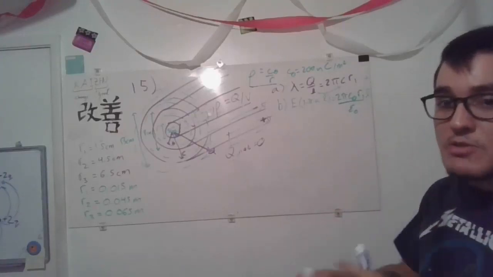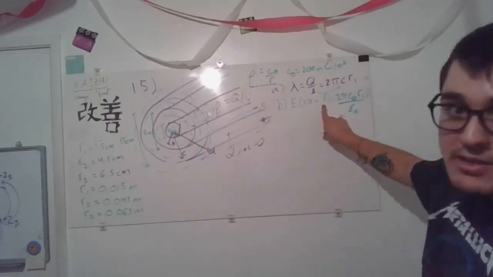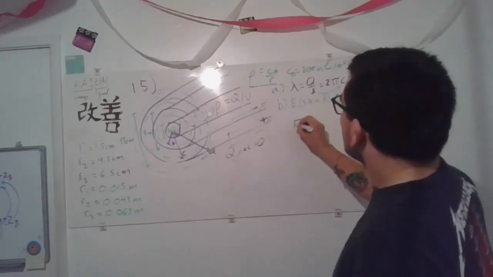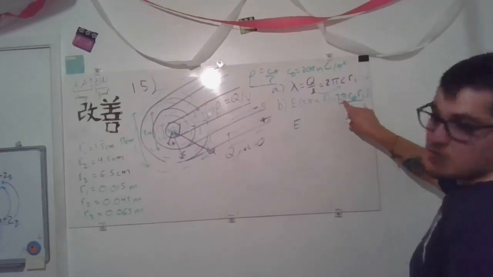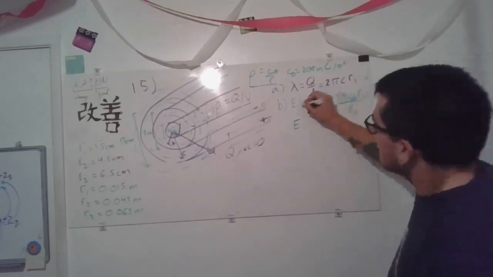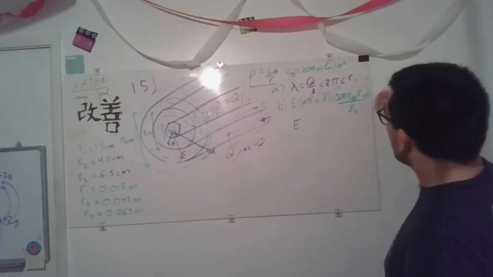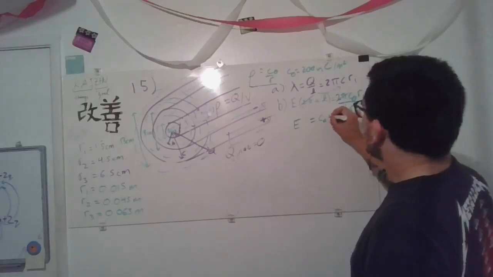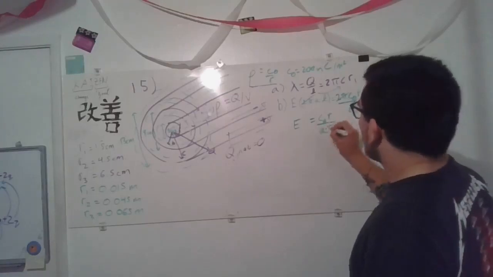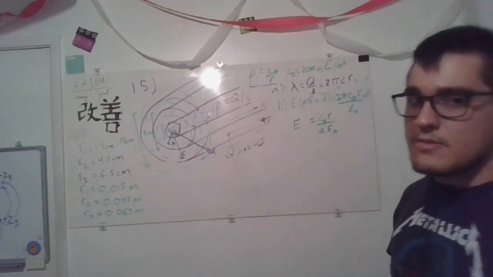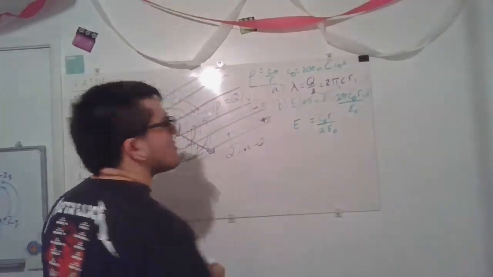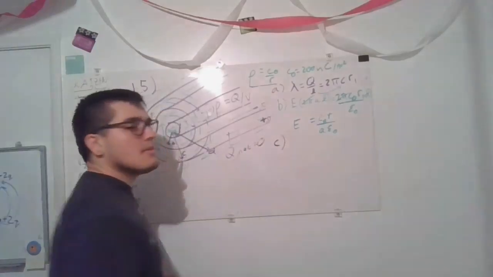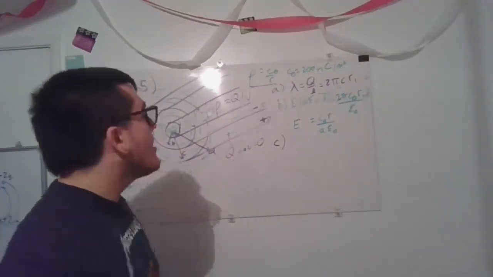But that's why you want L, because you want to cancel L. Notice there's an L on this side and there's an L on this side. You can cancel those. So now 2 pi will cancel out with 2 pi. L will cancel out with L. And you're going to be left with C sub naught times R over A epsilon naught. Pretty easy. If you don't know how I got there, you should ask. I'm going to move on to part C.